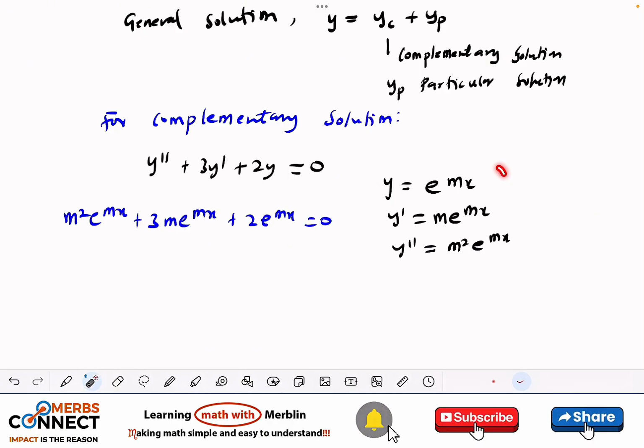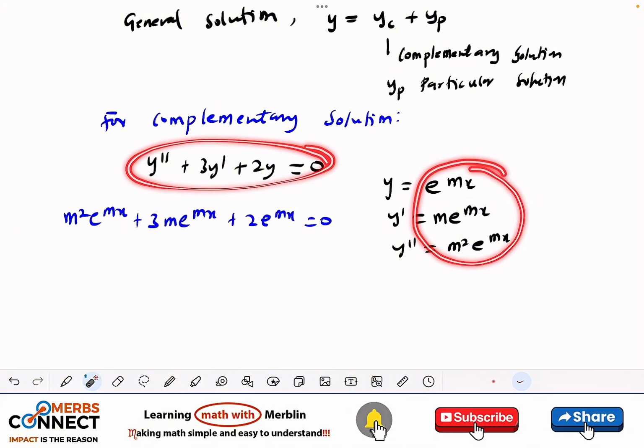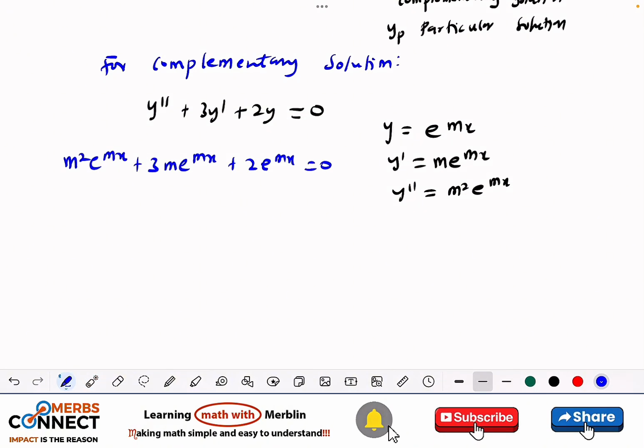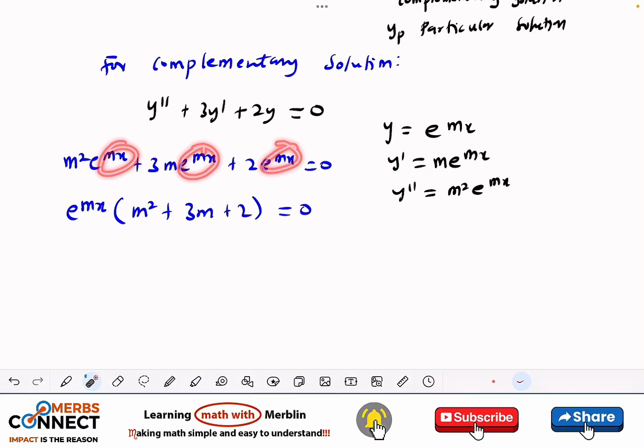So I was just doing substitution inside this homogeneous equation. So let's solve it quick. Factor this out. m squared plus 3m plus 2 is equal to 0. So I just factored this out.